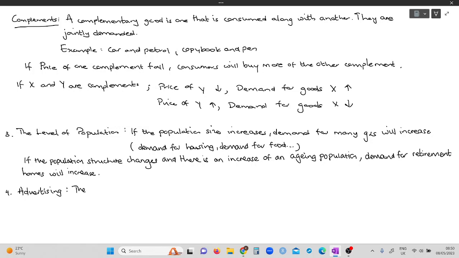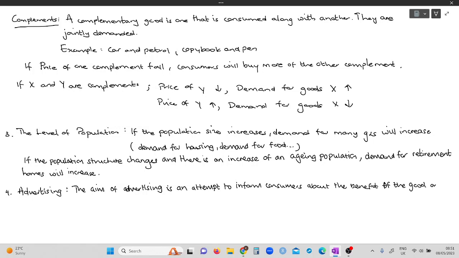So here, the aim of advertising is an attempt to inform consumers about the benefit of the good or trying to persuade consumers to buy the product.